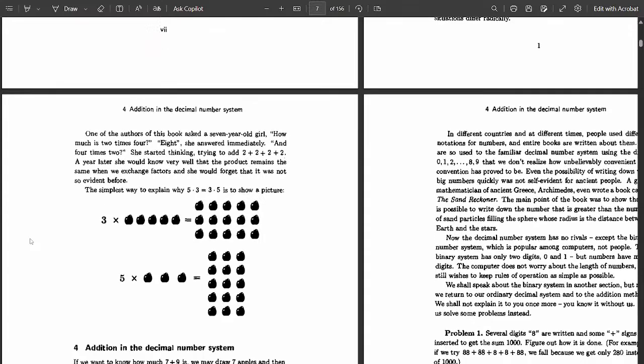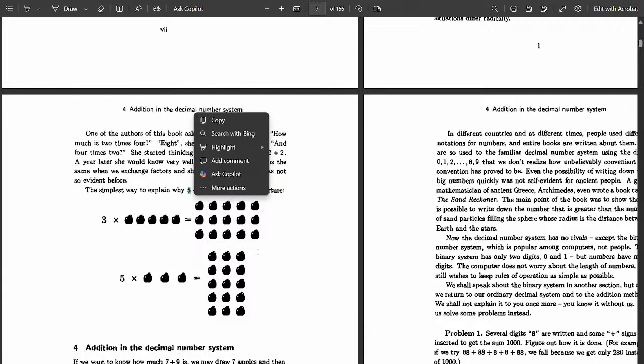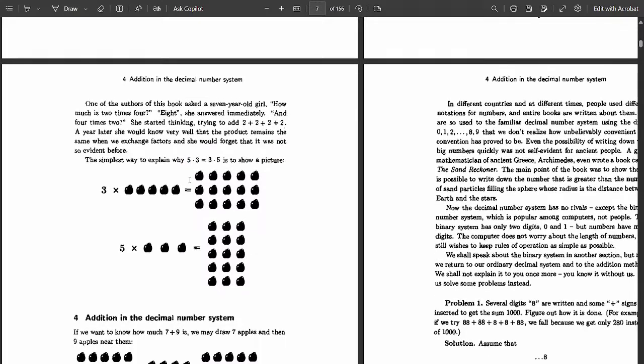The simplest way to explain why 5.3 is equal to 3.5 is to show a picture. So this is a very, very elegant demonstration of why both of them are equal, why this equation holds true for every number. If you think about it from the perspective of area, geometrically, the area remains constant.